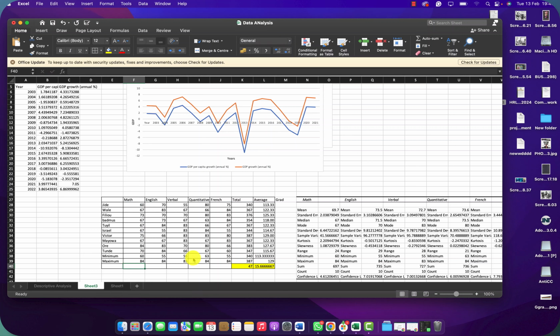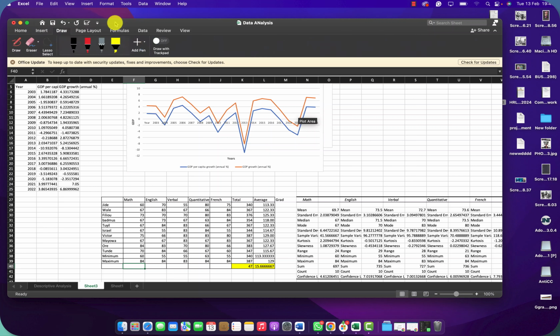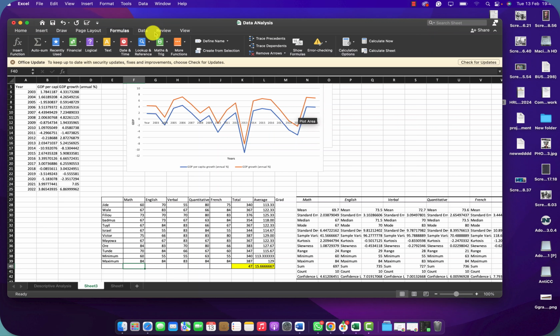So in the larger frame, we went to look into analysis that we could run with the Excel software, and I showed us the way we installed it by going under the data. I think I've explained all this menu bar: the home, the insert, the draw, layout, formula, data.